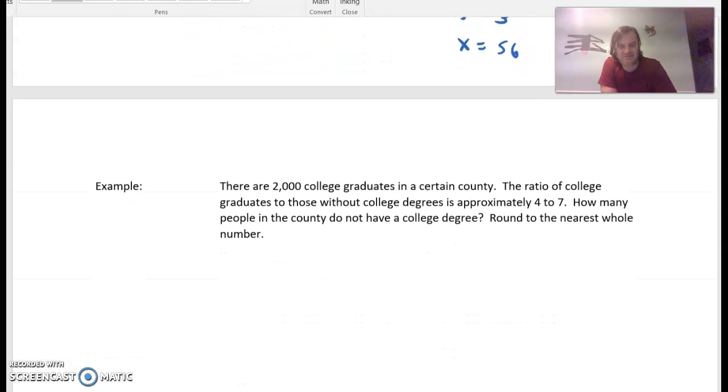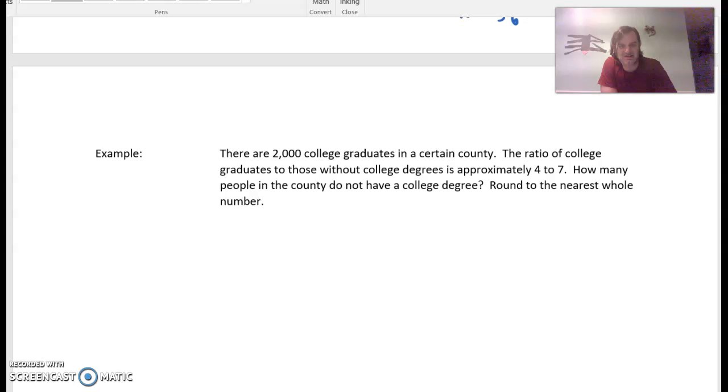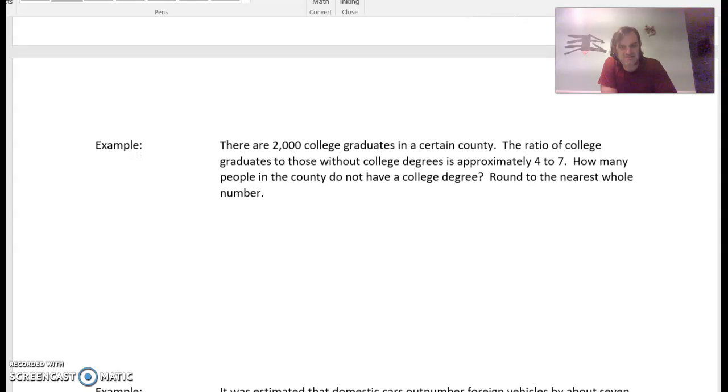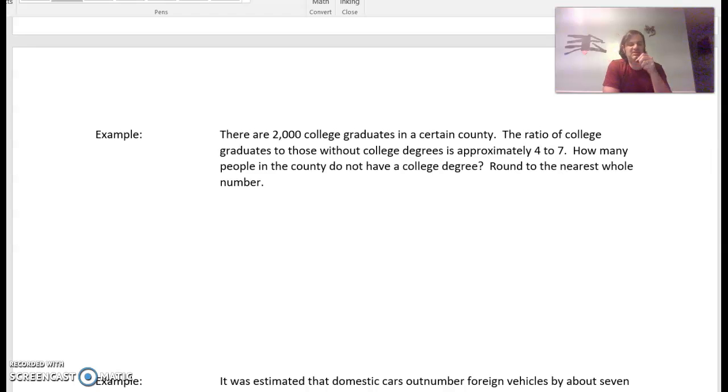Okay. Let's see a couple of places we could use that to solve some problems, and we will use it very much similar to how we have used proportions in the past. Example, there are 2,000 college graduates in a certain county. The ratio of college graduates to those without college degrees is approximately 4 to 7.